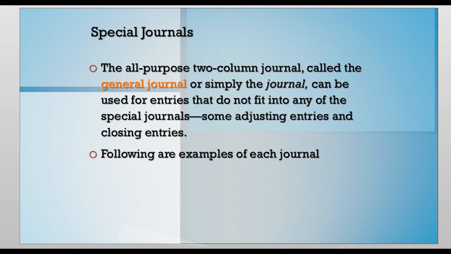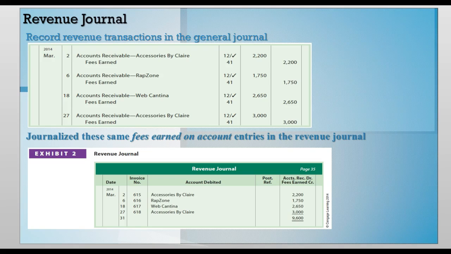So here are some examples, and then we're going to work with some of these. This is how we would record this in the general journal. You'll see we're recording accounts receivable and fees, and it's sort of redundant. You write the accounts, a debit and a credit, and there's a little bit of redundancy here.